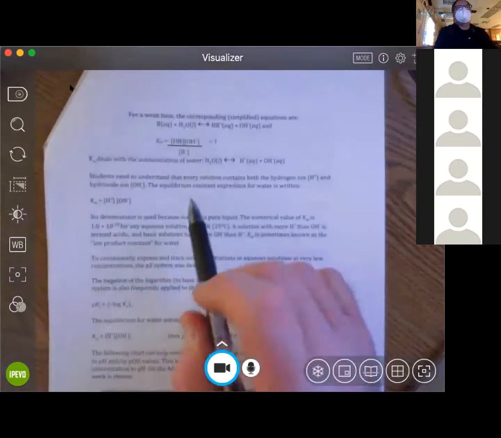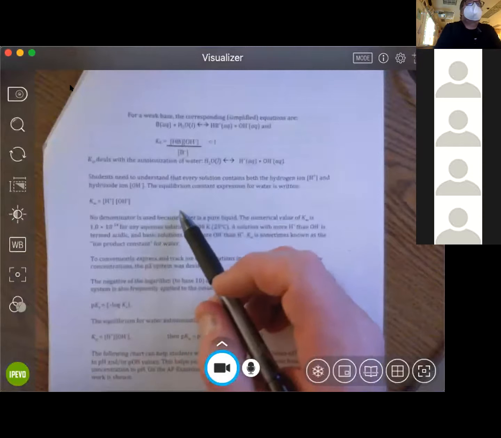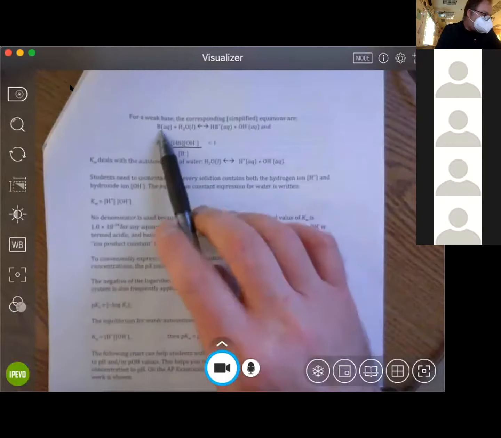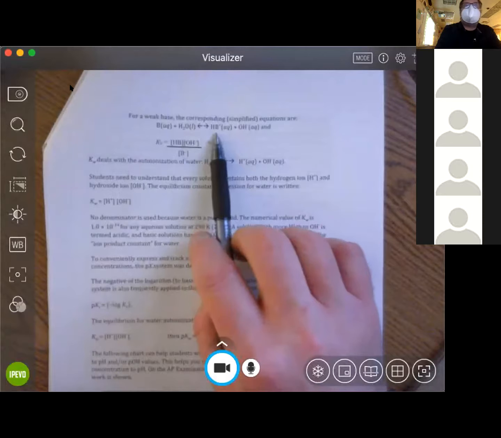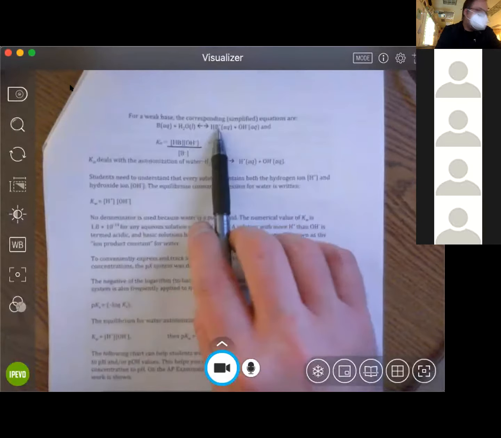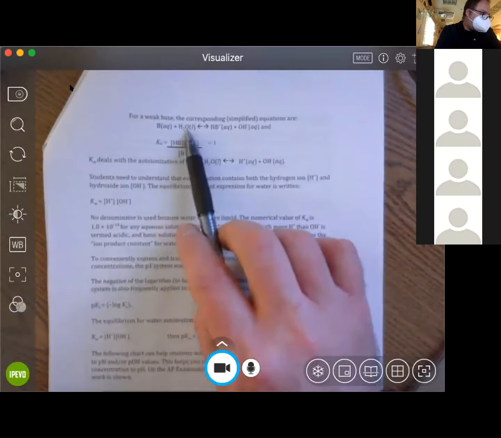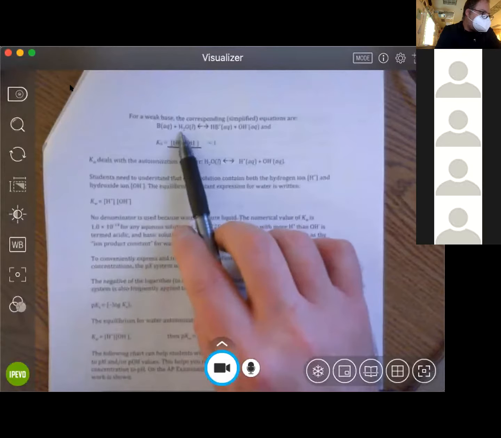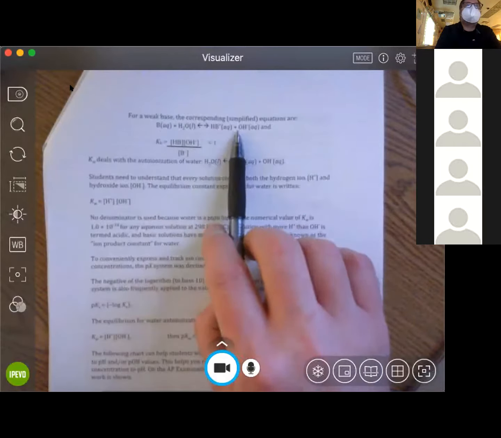The same can be said for bases. So if we take a look here, here we have something that is accepting a hydrogen ion. So this is a Bronsted-Lowry base. What that's going to do is accept the hydrogen ion, or the proton, whatever you want to call it, from a water, making OH.